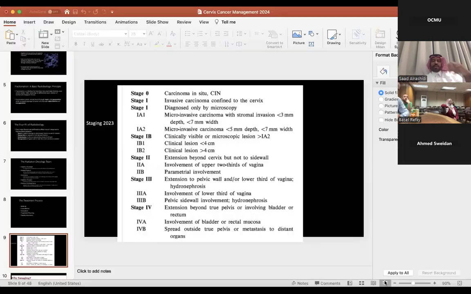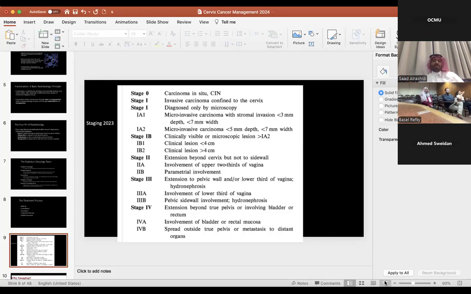So I can translate 2013 to what you are using, really a little bit of small changes in the nodes, etc. But roughly, when the disease is visible, we call it 1B. Again, it's bulky or not, clinical or non-clinical. If it's less than 4, it's non-bulky disease. But the main thing that you need to differentiate is 1B3, when it's a little bit bigger than it should be, and it may metastasize to the lymph node.